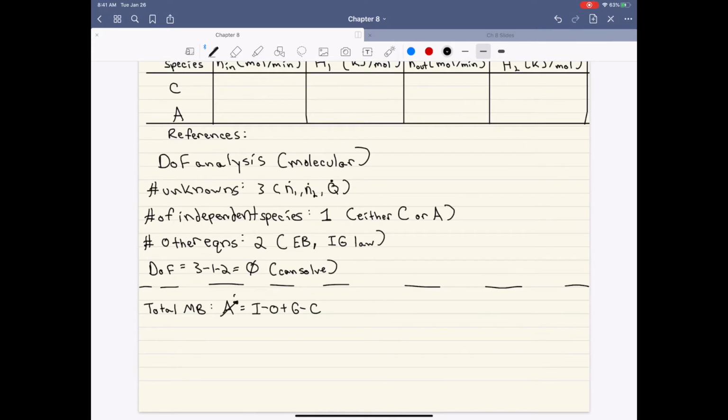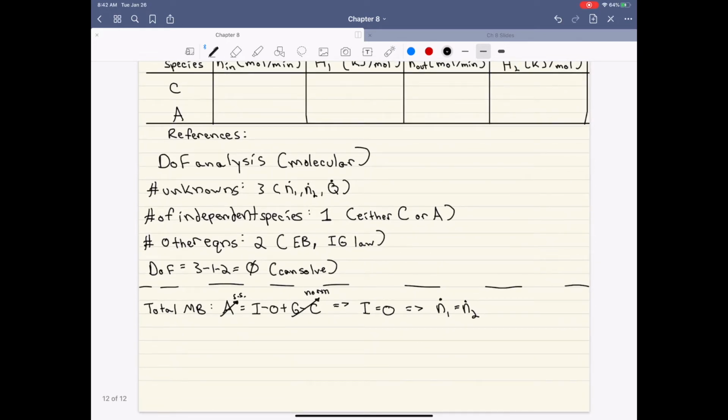We're at steady state. There's no reaction. So that means our inlet is equal to our outlet stream. And therefore, our molar flow rate in is equal to our molar flow rate out. So that's a very simple statement, but this is something we're going to invoke later on. Okay?